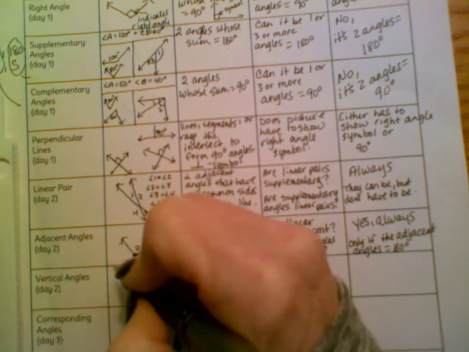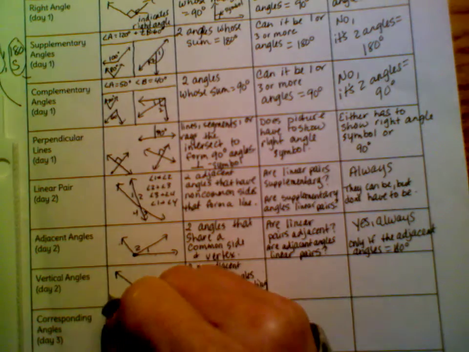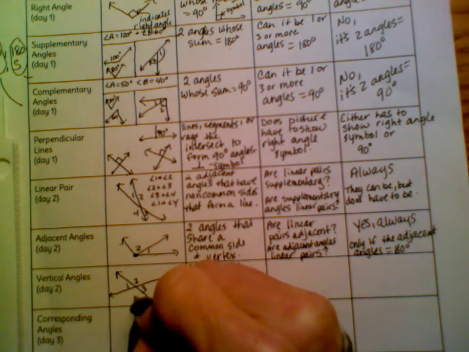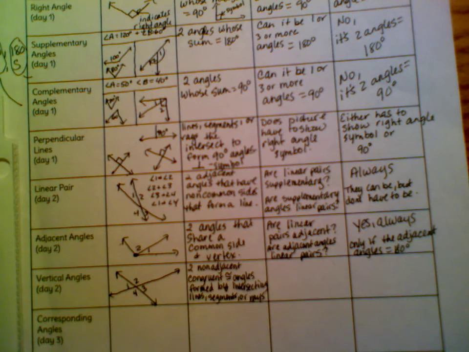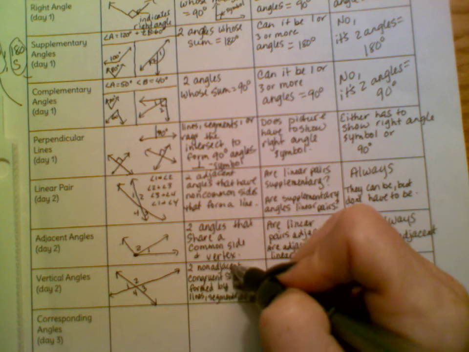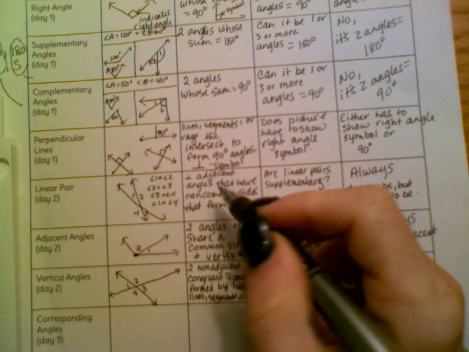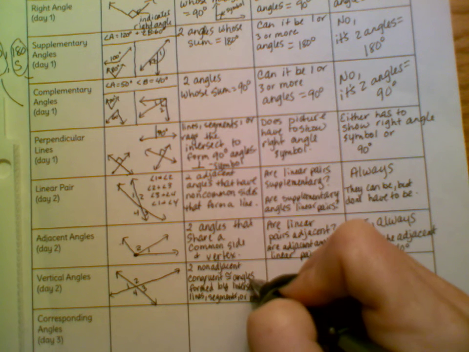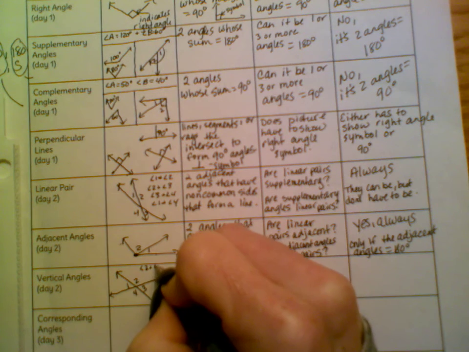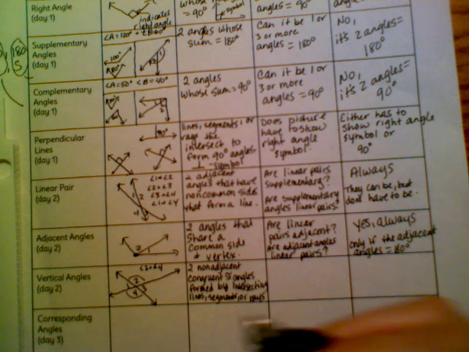Okay, so my example here, I'm going to have two intersecting lines. That makes four different angles here. The vertical angles are non-adjacent, so they aren't two that share a side. And they're congruent, which means they have the same angle measure. So angle 2 and angle 4, these two angles are vertical.